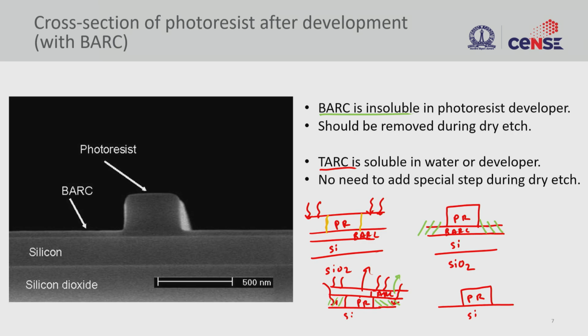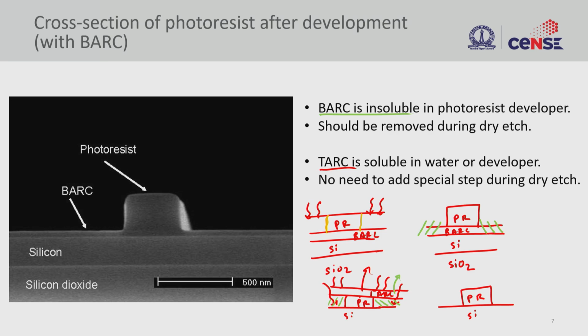Okay. So, keep in mind what is the subsequent process and whether you need silicon access or not, right. So, based on that, you may have to apply a separate BARC removal process in order to get access to silicon if you are doing material deposition, or in case of implantation also, right.